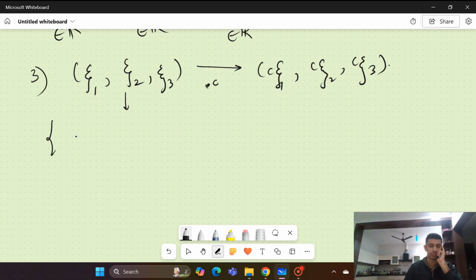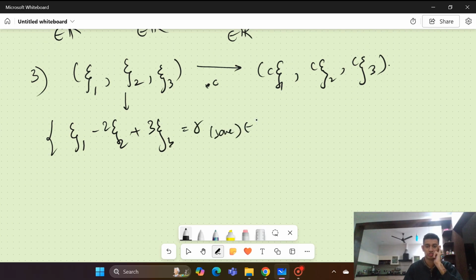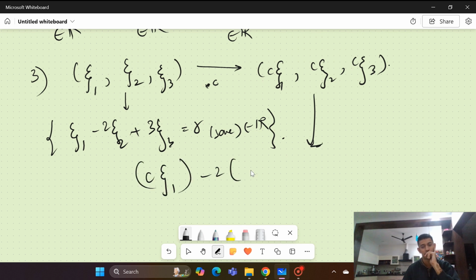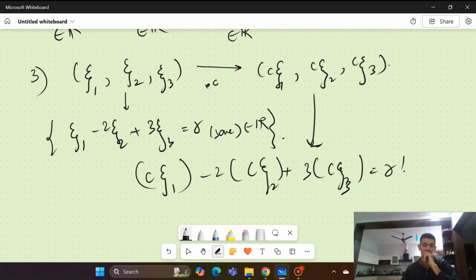In this case, it was implied that G1 minus 2G2 plus 3G3 was some gamma, a real number. Let's see if this still holds true: CG1 minus 2CG2 plus 3CG3 is some gamma dash.